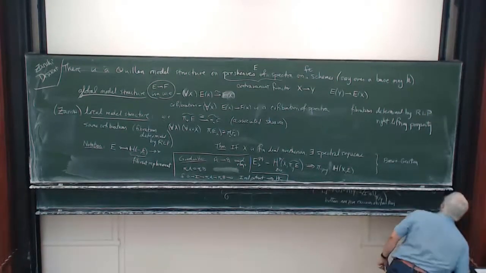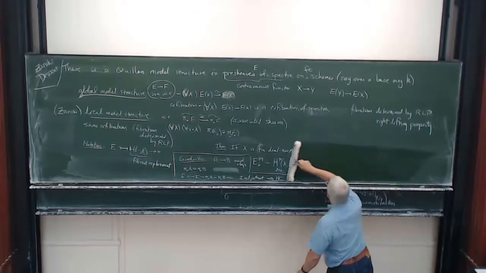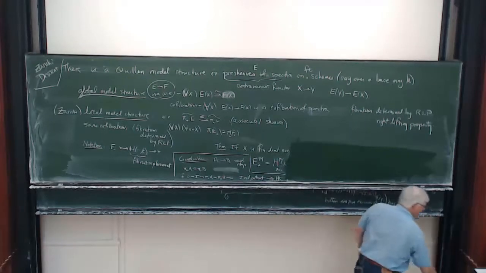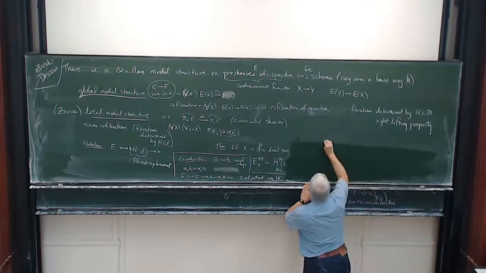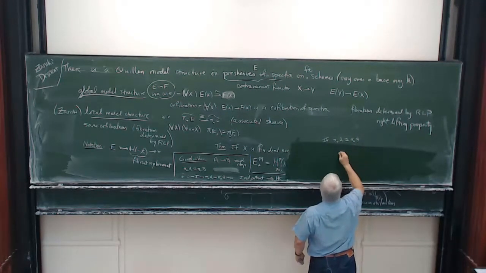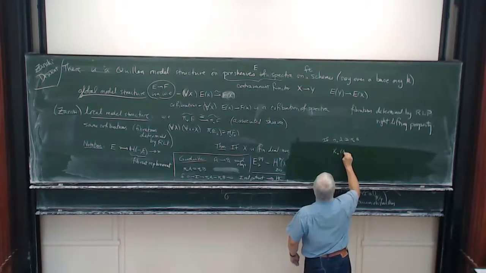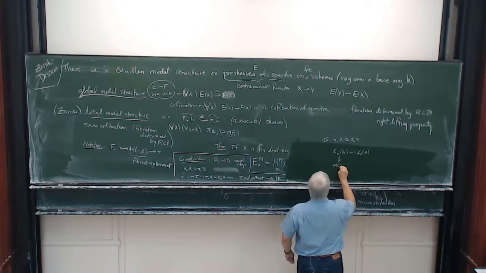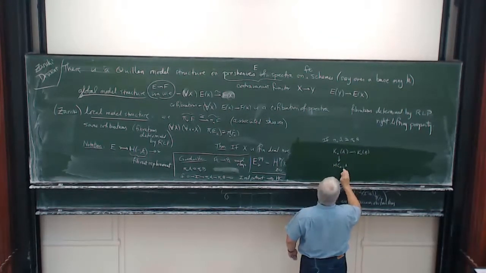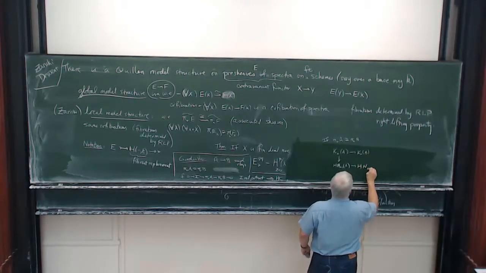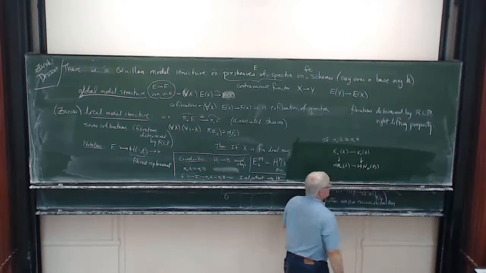I apologize. Let me try to spend 2 minutes fixing the record here. If pi 0 of A is isomorphic to pi 0 of B, then you get a sequence relating Kn of A to Kn of B, and HC n minus 1 of A to HC n minus 1 of B, and that's a Meyer-Vietoris sequence.